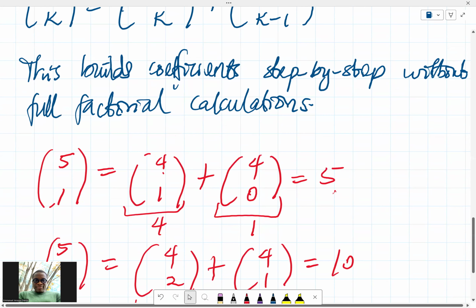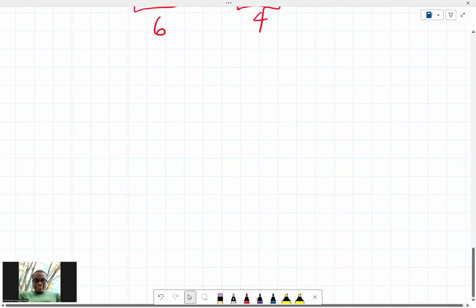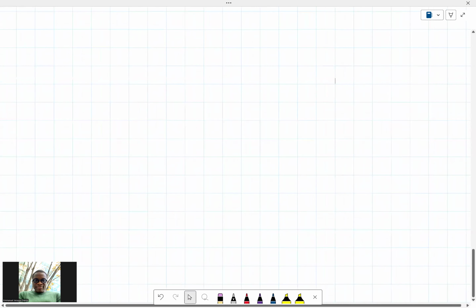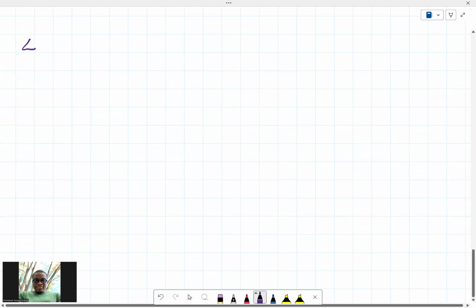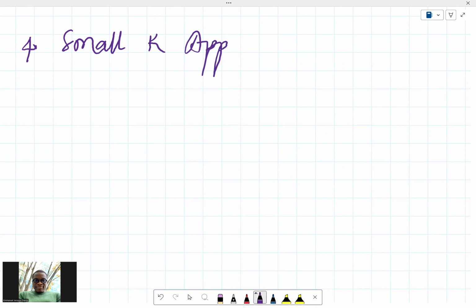Okay. So there's also something else that we can latch onto to quickly calculate the coefficients, and that is small k approximations. You make use of small k approximations.